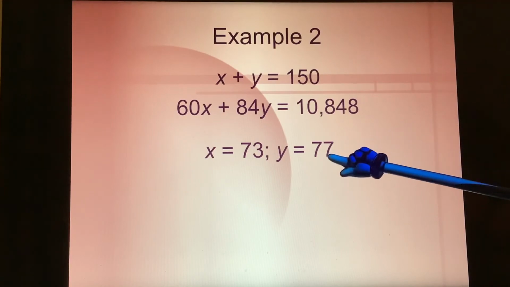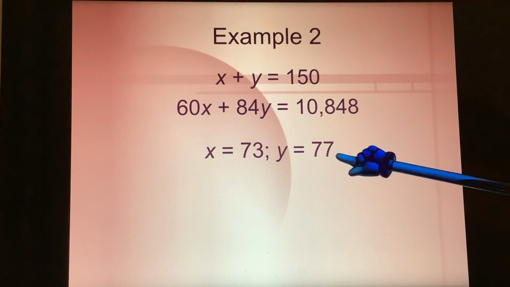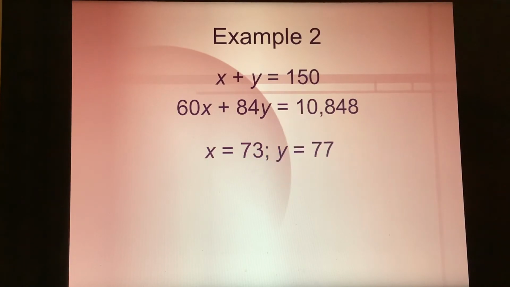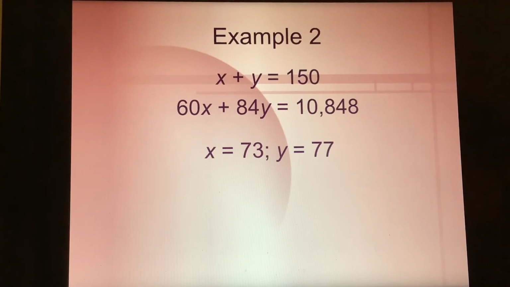And then if you subtract 150 minus 77, that's how we get 73. Again, take a look very carefully at the example in the book, and then you'll be able to see how x is equal to 73 and y is equal to 77.